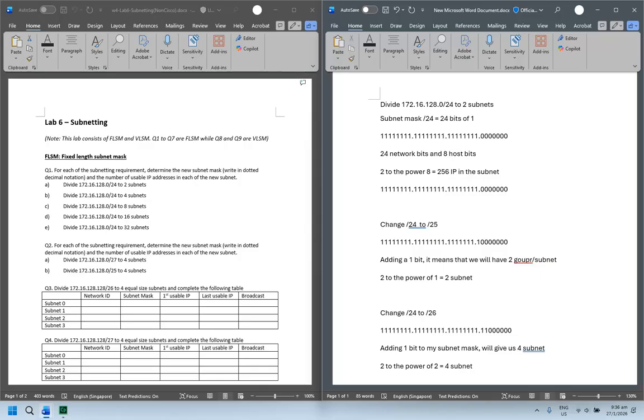So every time you increase the number of bits by 1, you are increasing the power by 1.